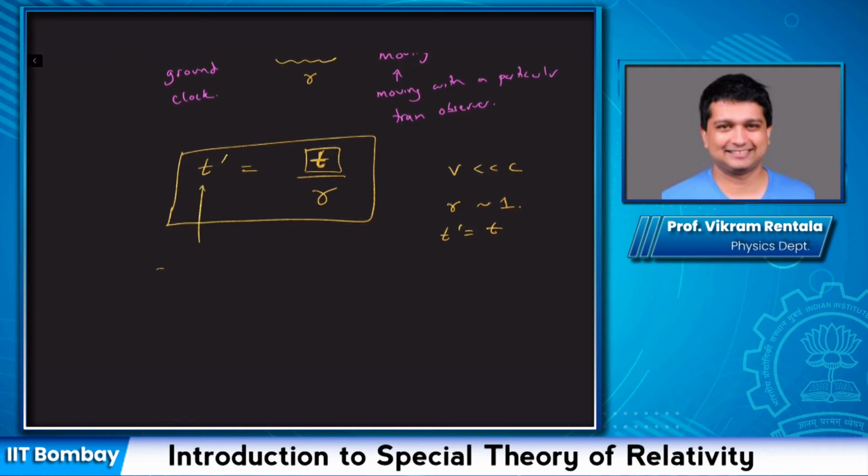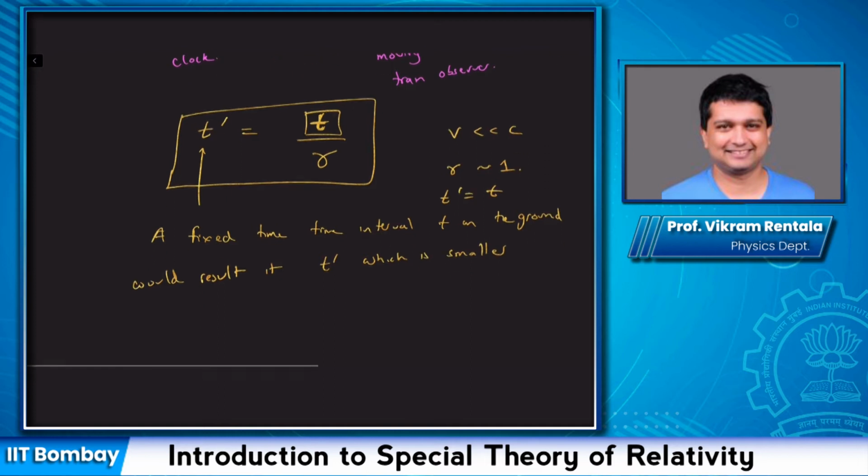So a fixed time interval on the ground would result in t prime which is smaller by a factor of 1 over gamma.